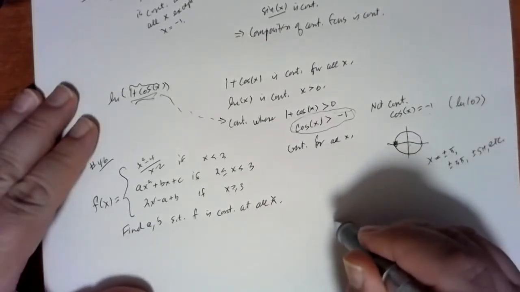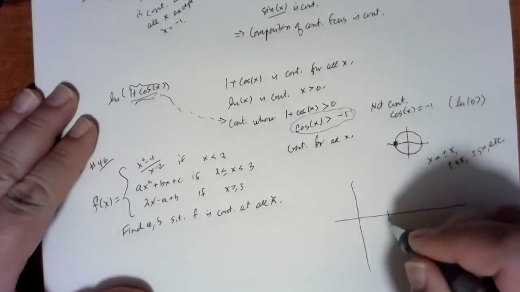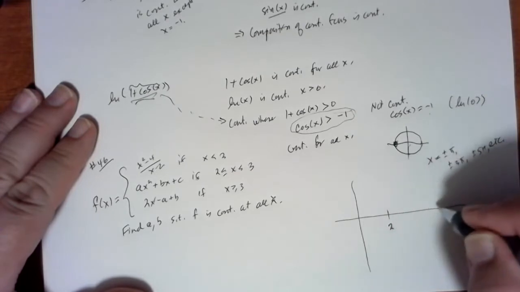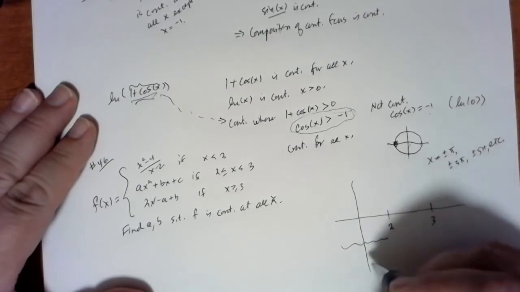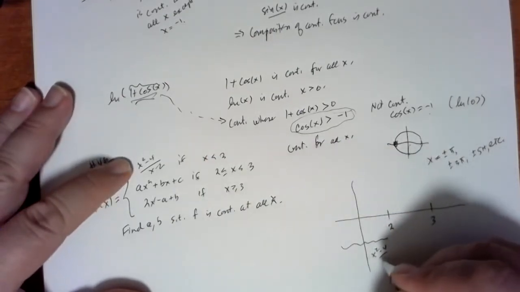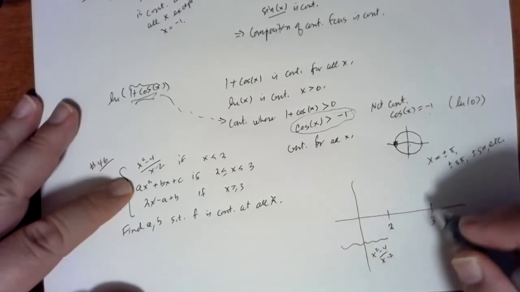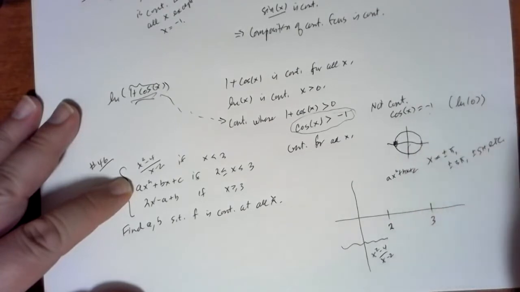Now, just visually, we can see what's going on here. Just to kind of keep us straight, there's a break in our definition at 2 and at 3. On this side, we have x squared minus 4 divided by x minus 2. Here we have the parabola ax squared plus bx plus c.